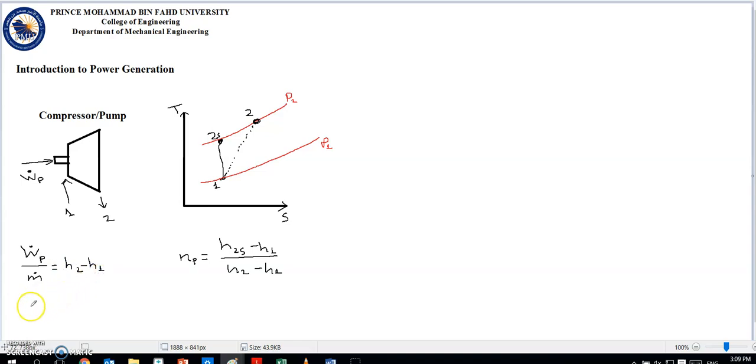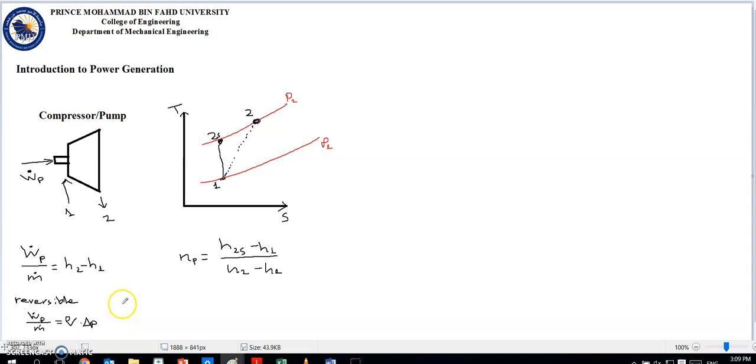Now, in the case where we have a reversible process, only then we can assume that this work over m dot equals the specific volume times the change in pressure.